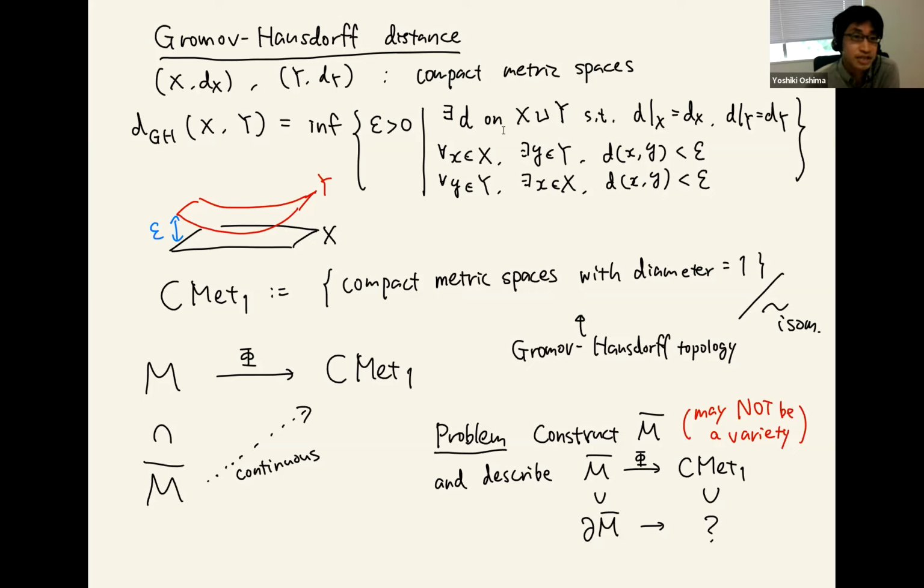So we consider some extension of metrics on the union, and then take the infimum of epsilons satisfying these conditions. So in this picture, if X is this flat surface and Y is this surface with boundaries, then the Gromov-Hausdorff distance is like this distance.